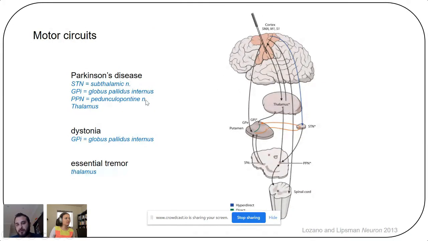Depending on the type of neurological disorder, they can put them either in a basal ganglia network, for instance, STN or GPi, or in the thalamus, and deliver high-frequency pulses to reduce symptoms associated with these neurological disorders.